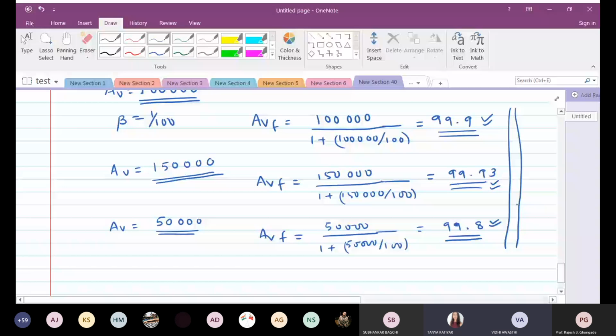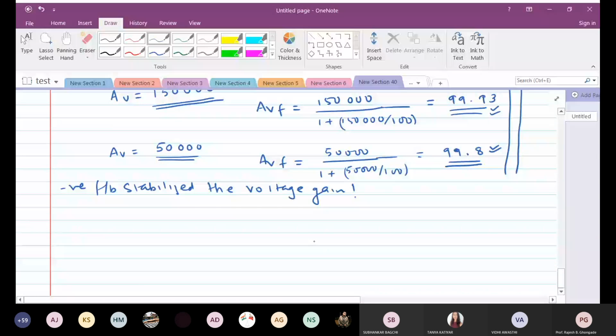Yes, sir. So can we say that negative feedback stabilizes the voltage gain? With an example, I have proven that.